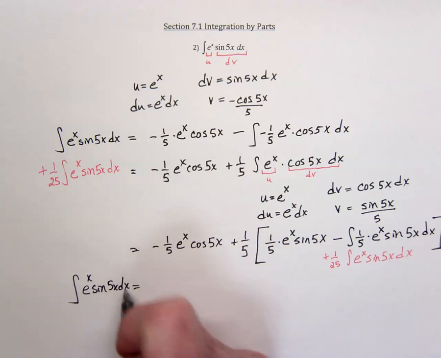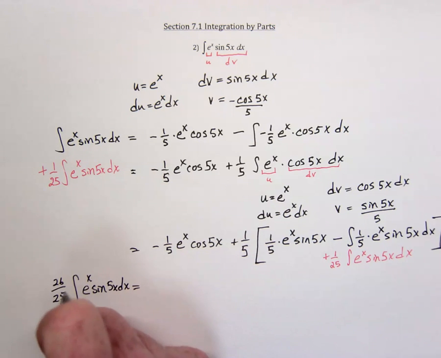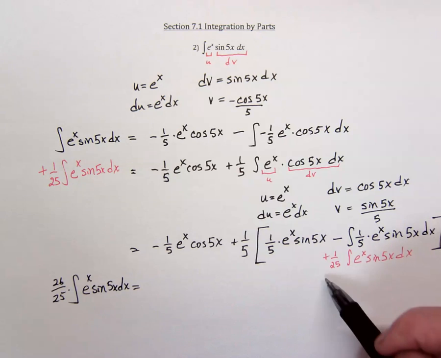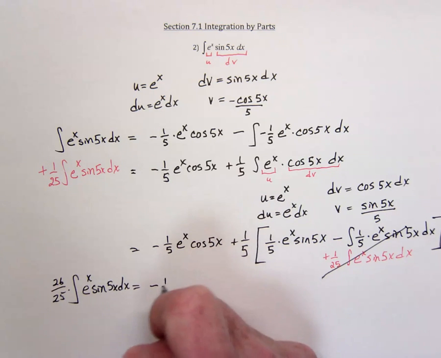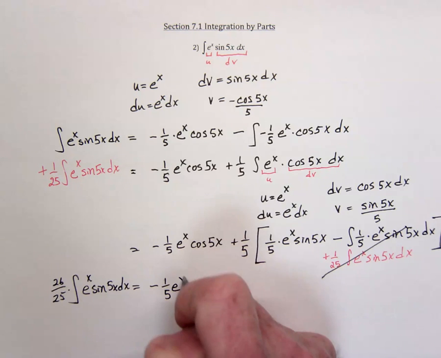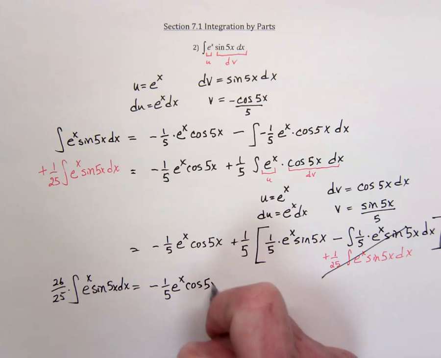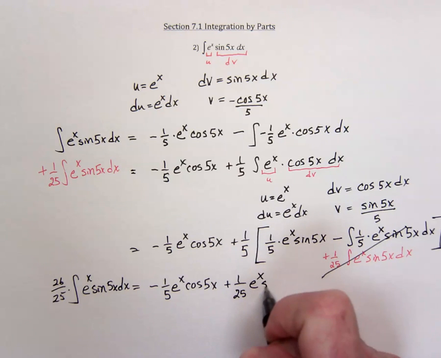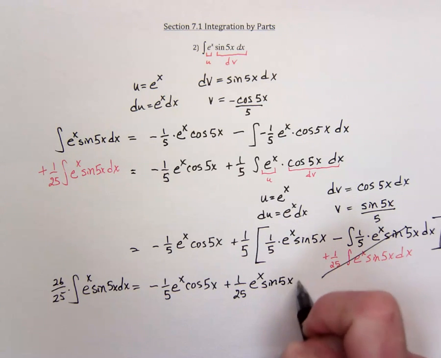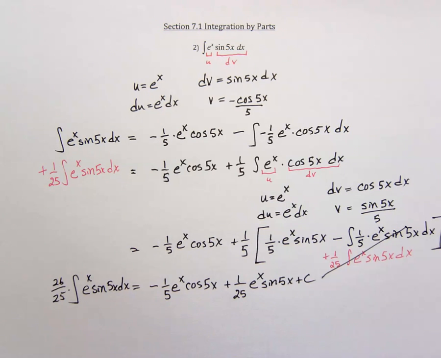So we have 26/25ths of this integral is equal to, well, now these cancel each other out, so we just have these two pieces left. So there's negative 1/5 e to the x cosine of 5x, and then these two will make a 1/25th e to the x sine of 5x plus c, and finally multiply both sides by the reciprocal, 25 over 26.